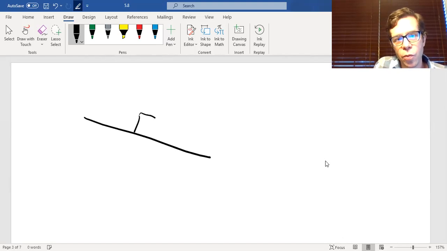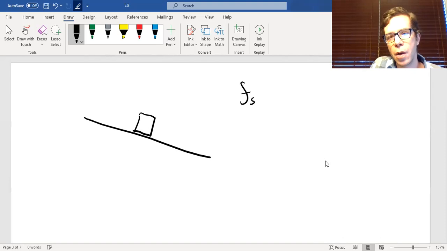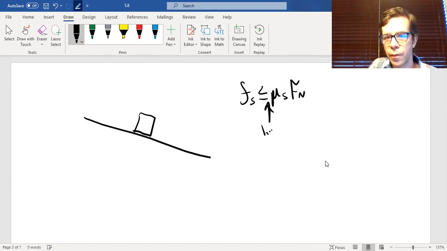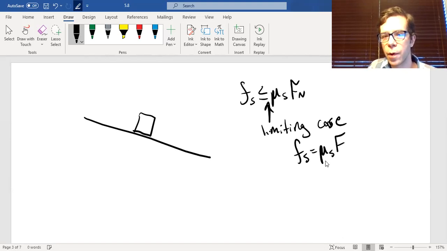So again, we're going to look right at that point where it starts to slide. We're given this equation for static friction, but we're going to look at the limiting case, what I called a boundary before. Limiting case is better verbiage there, where they're equal, just before it starts to slide.